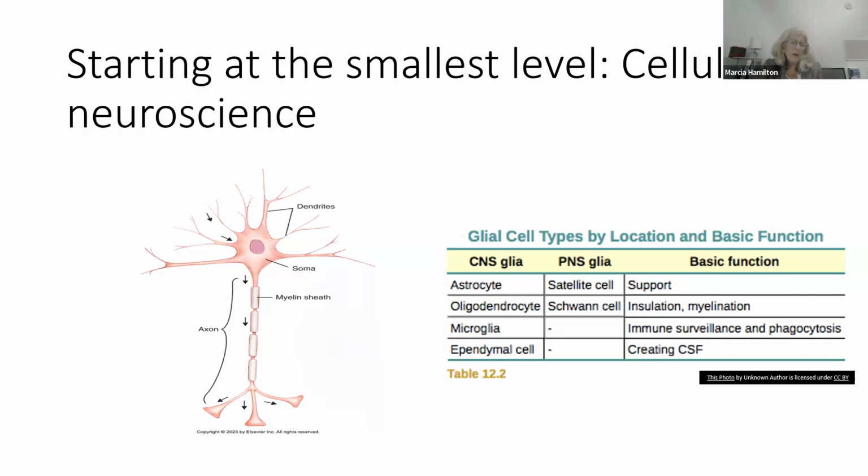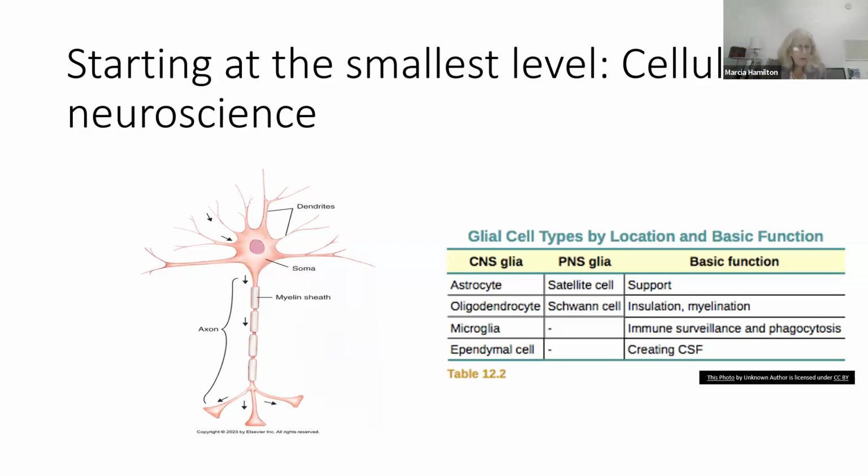Remember, one of the important things to understand with respect to how information travels is it makes a big difference if there's myelin. So myelin will speed up the conduction of the information that's traveling in that axon.